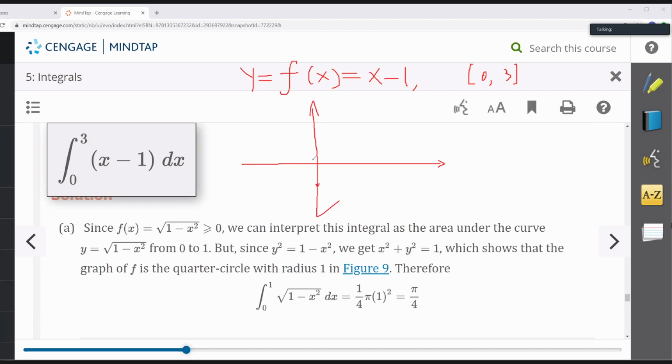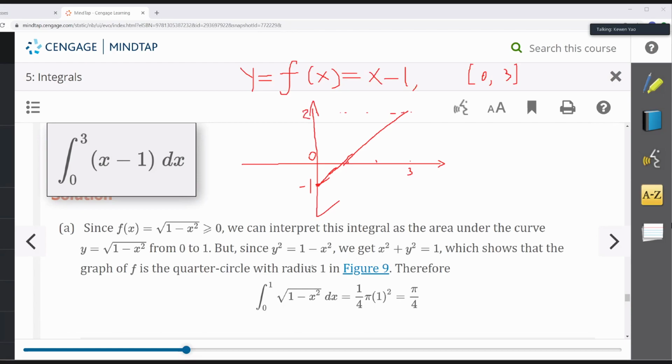When x equals 3, y is 2. 1, 2, 3, so y is 2 right here. Now this is the line here. This is 3, and this is 2.